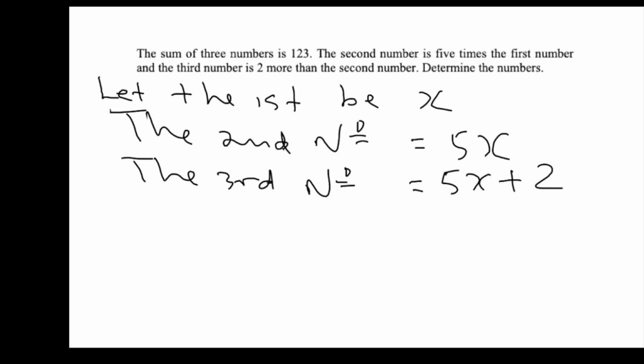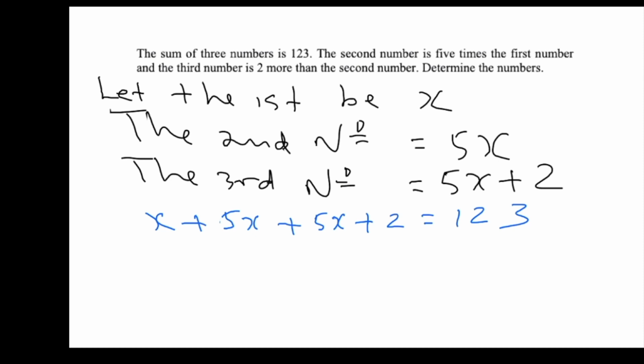But their sum is 123. Sum means we are adding these three numbers, which means x added to 5x added to 5x plus 2 must give us 123. And then we solve that equation.